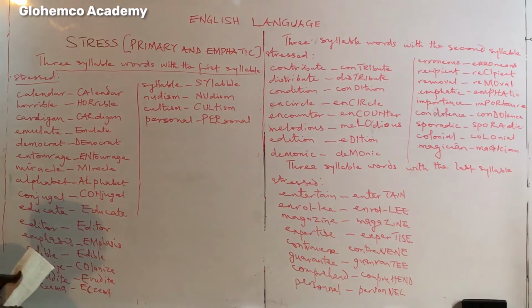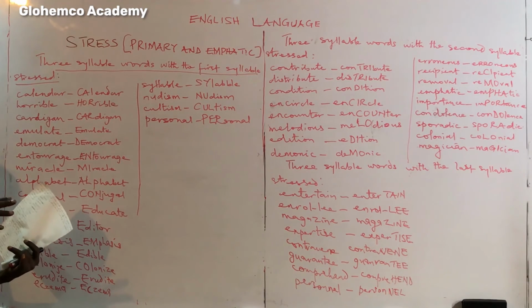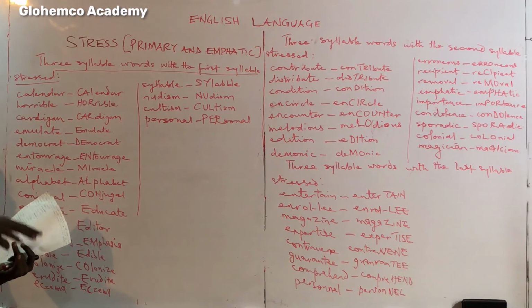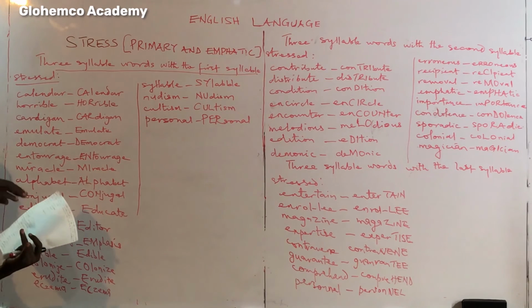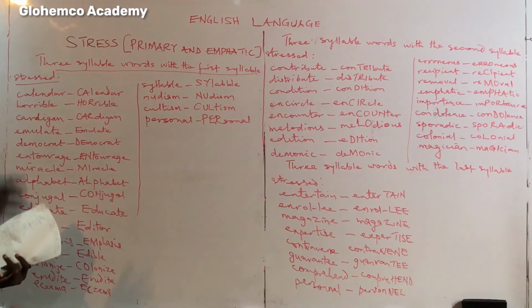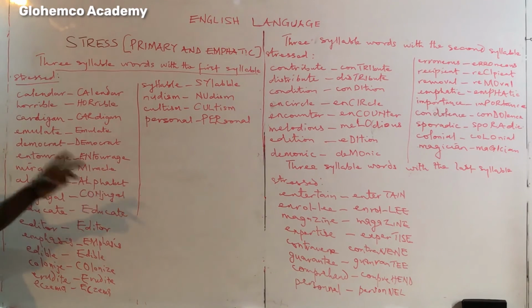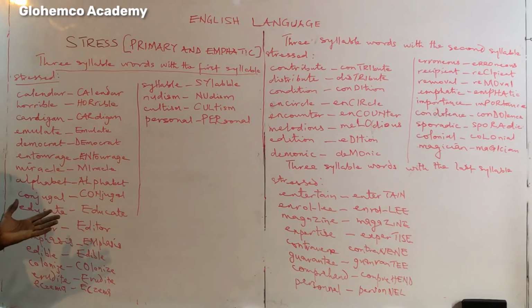study them. If you don't study them, it means you are taking them for granted, and they may be very tough to you. But with all this we have done, later on we are going to look at the particular methods of identifying the stressed syllable in multisyllabic or polysyllabic words, meaning there are some words that have more than 3 syllables. 4, 5, 6, 7, 8, even 9 syllables.